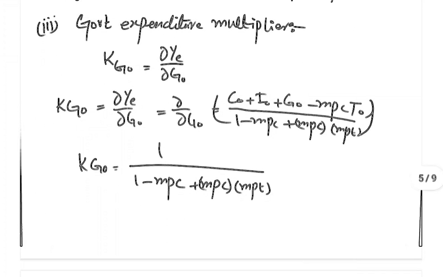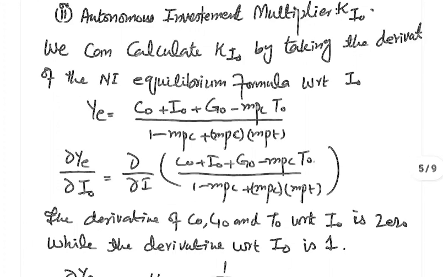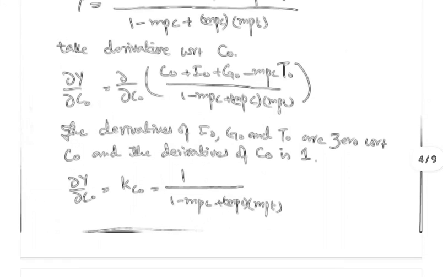we have taken the derivative of the national income equilibrium, and the multiplier for the consumption.